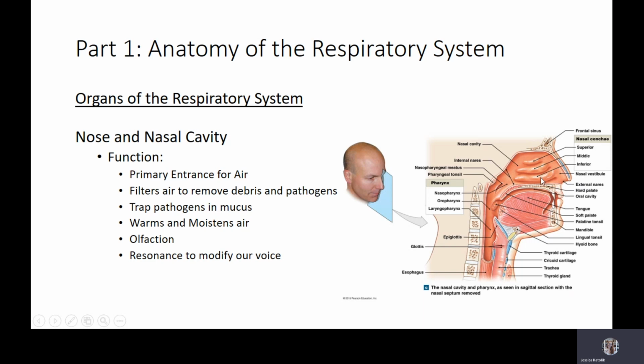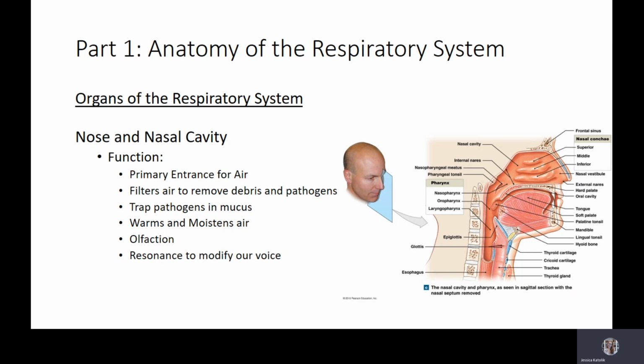One of the major roles of the nose is going to be for immunity and also conditioning the air before it enters the respiratory tract. How does it condition the air?